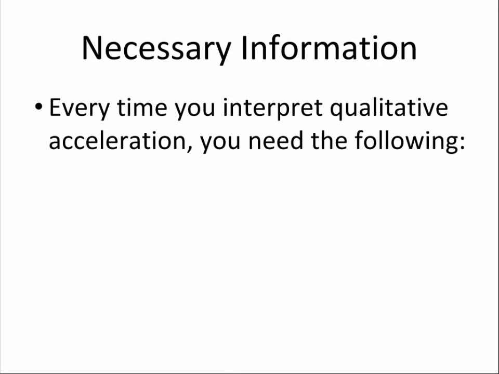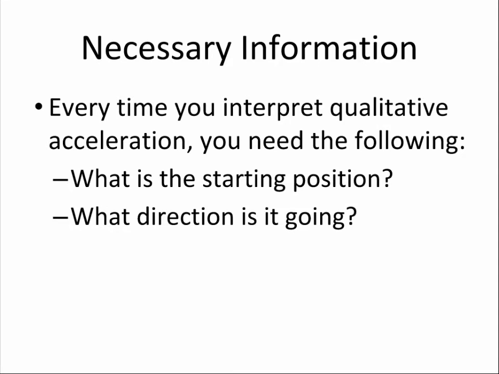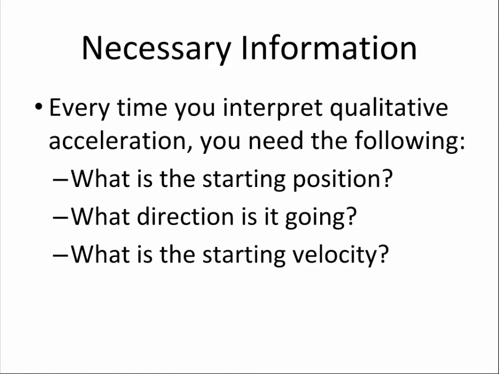So every time you do this, you have to have some necessary information. Every time you interpret qualitative acceleration, you need the following. 1, what is the starting point? This is going to be positive, negative, or 0. 2, what direction is it going? Again, positive, negative, or nowhere. 3, what is the starting velocity?